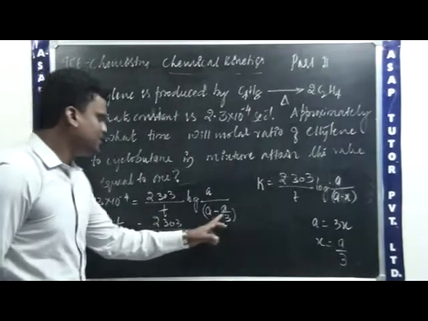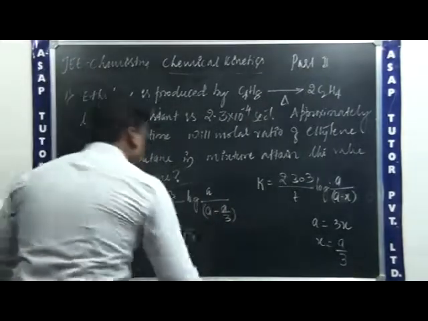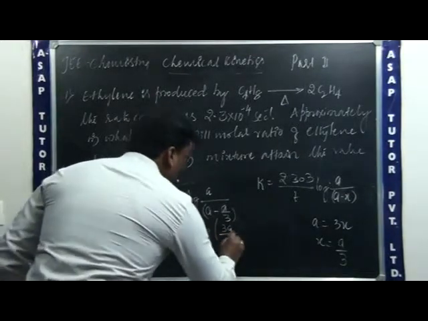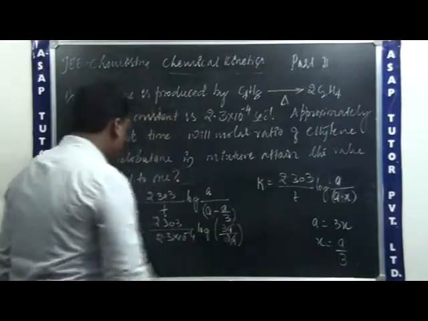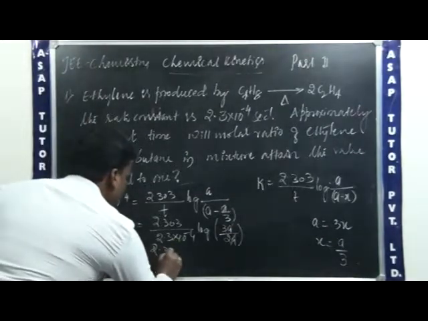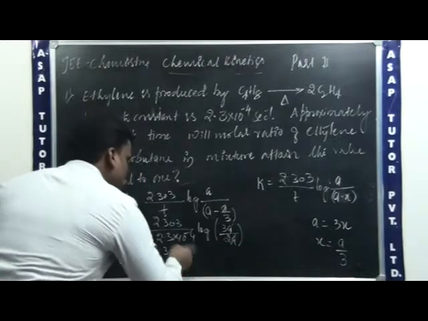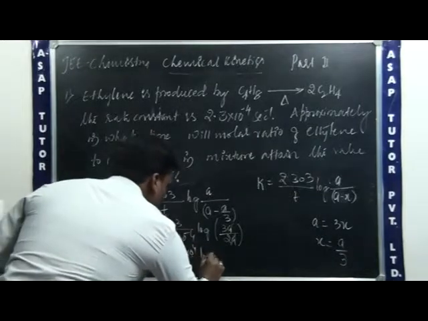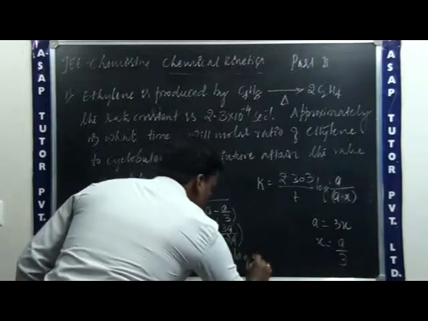I will simplify this: 3a minus a divided by 3. So now 3 goes to the numerator. Log of 3a divided by 2a. So now a gets cancelled. Now t is equal to 2.303 divided by 2.3 into 10 to the power of minus 4, which becomes 10 to the power of plus 4, into log of 3 minus log 2.